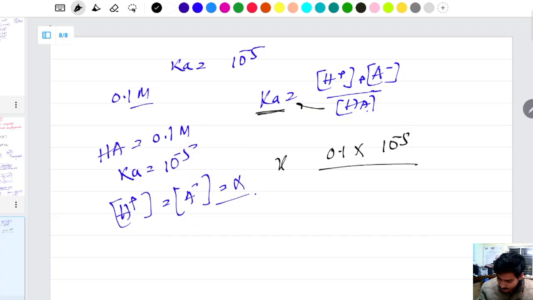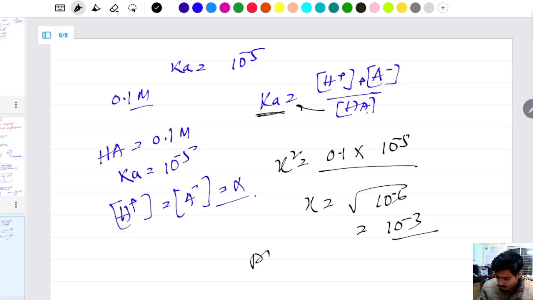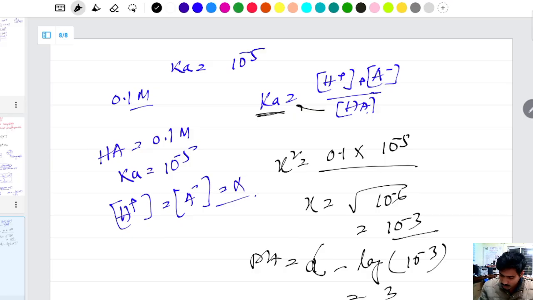X square equals 10 to the power minus 6, X is equal to 10 to the power minus 3. Now X equals H plus, so pH equals minus log of 10 to the power minus 3, it will be 3. So pH will be 3.